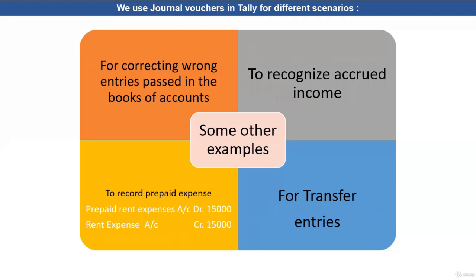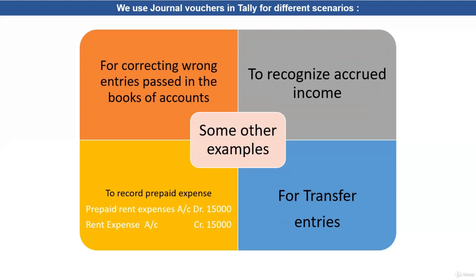Likewise, we have some more examples of adjustment entries. We can post adjustment entries in the journal voucher for correction of any wrong entry that we had passed in the books of account. We can reverse that entry through the journal voucher. To recognize accrued income, you can post a journal entry.